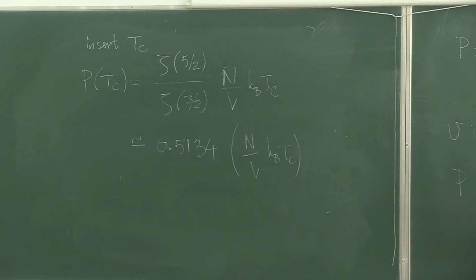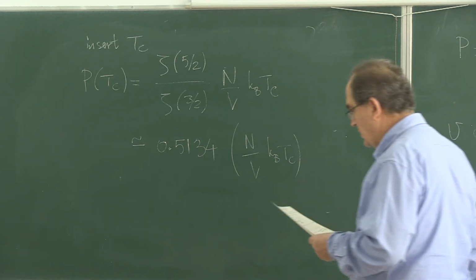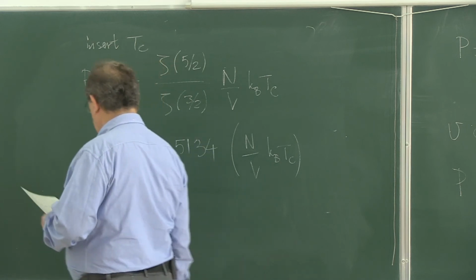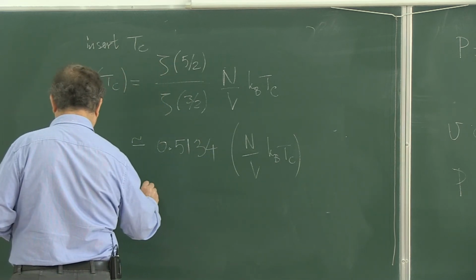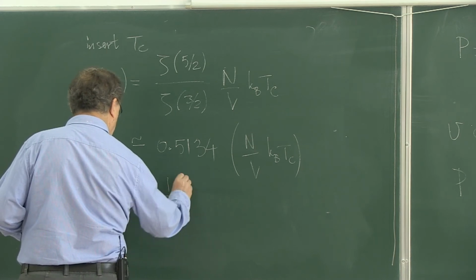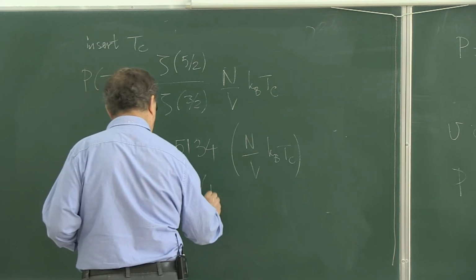It is not like a classical gas, isn't it? PV over NkB Tc is 1 in the classical case. So this is like half of that value. So this is of the order of 1/2 the pressure of the Boltzmann gas.